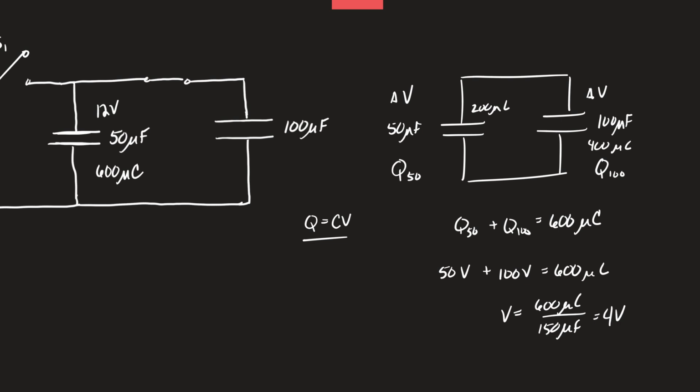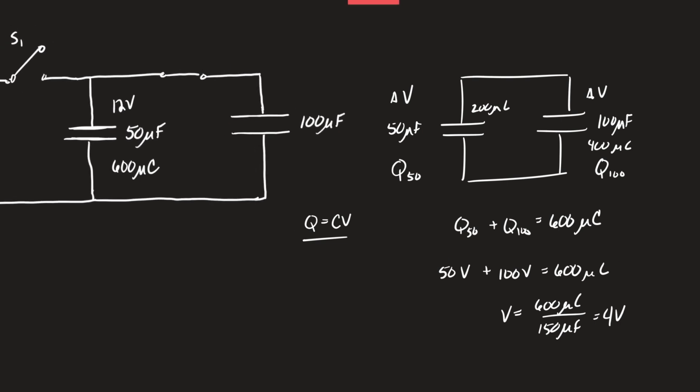But the question is now about energy. So when I ask about energy, that's a different question. So over here, the total energy in the circuit was 1/2 CV squared, or 1/2 times 50 times 12 squared. That's 3,600 joules. I'm sorry, microjoules.